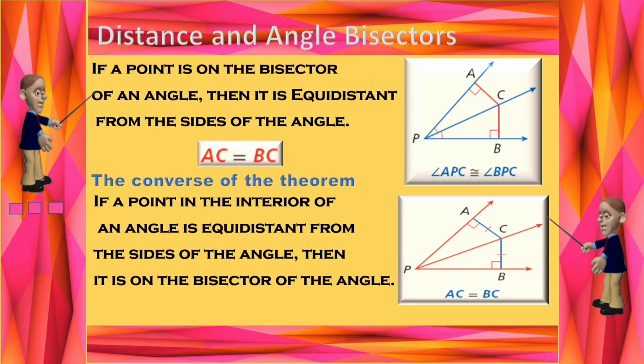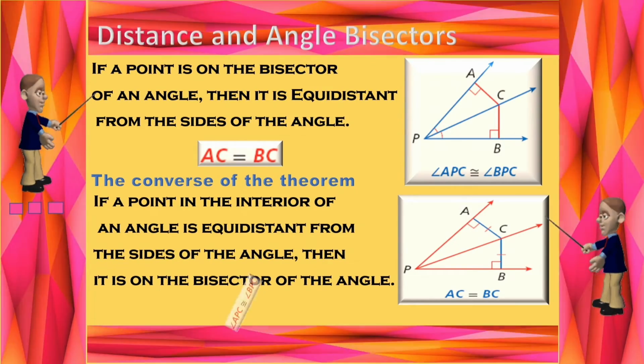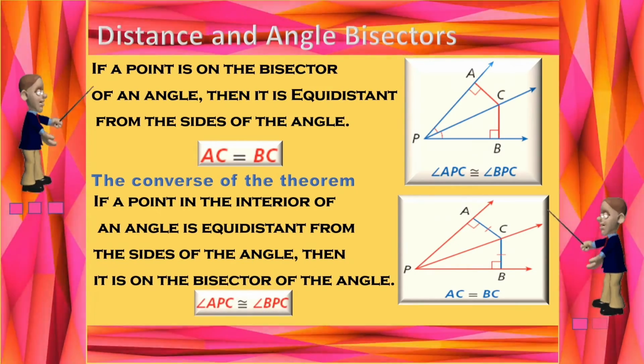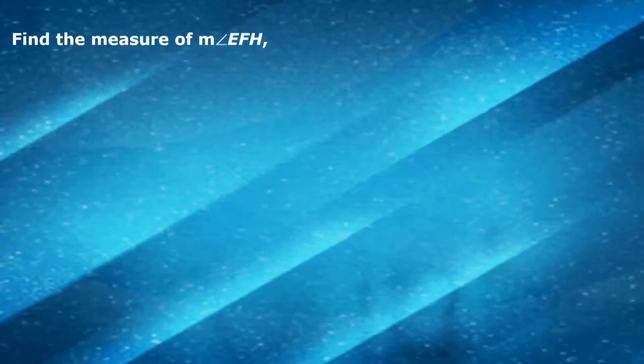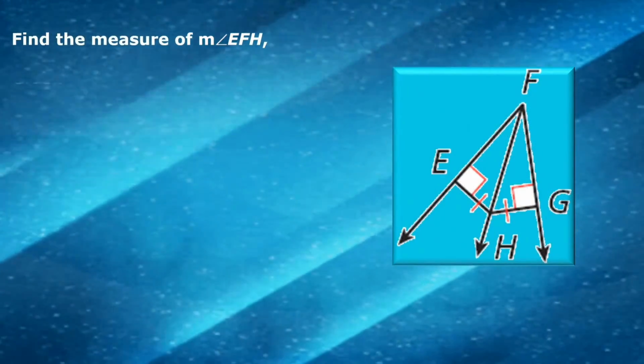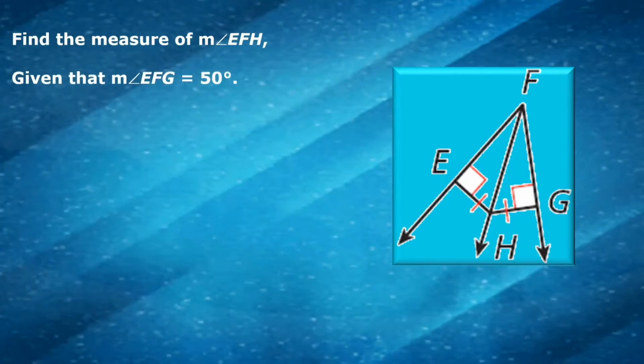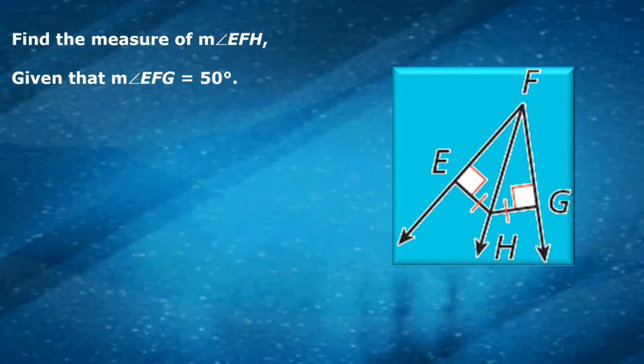If a point in the interior of an angle is equidistant from the sides of the angle, then it is on the bisector of the angle. Let's solve an example. Find the measure of angle EFH, given that the measure of angle EFG is 50 degrees.